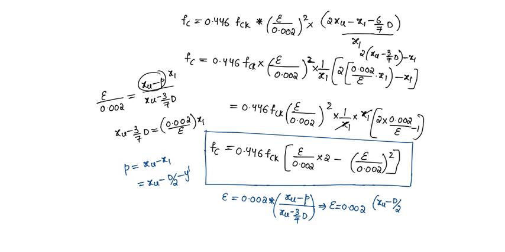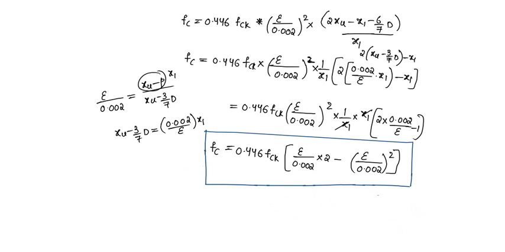Sorry, xu minus p value itself is x1, so our epsilon is 0.002 x1 by xu minus 3/7 of d, where our x1 is xu minus d by 2 minus y bar.